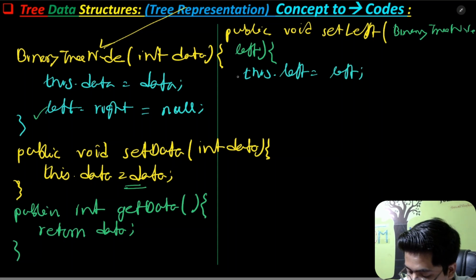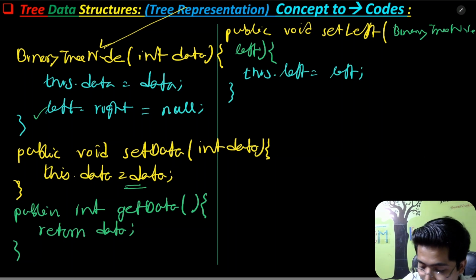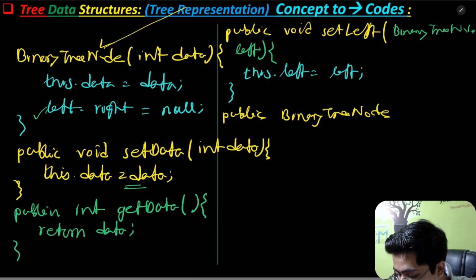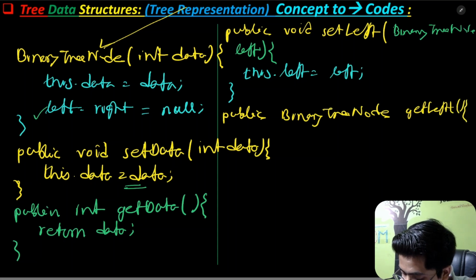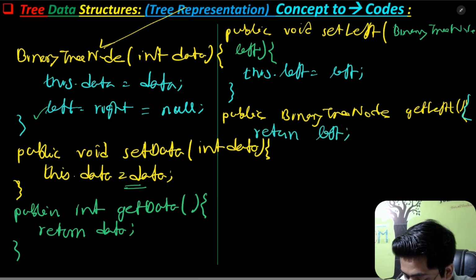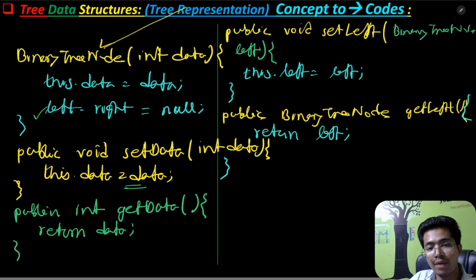Okay, that is done. Now we'll be getting the left side. So for that, public binary tree node get left, because the data is of type binary tree node, and we don't need to pass anything. Return left. So now we set the getter and setter for the left position also.